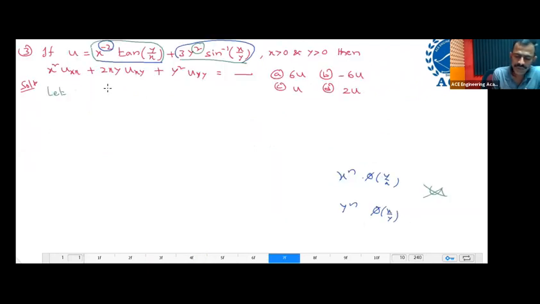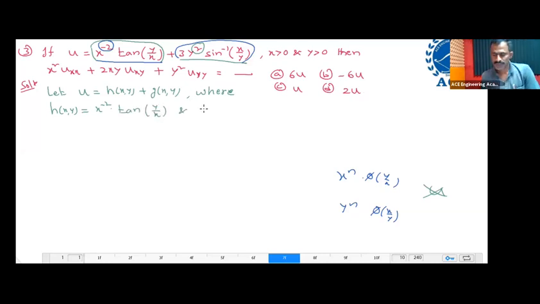Let u equal to h of x comma y plus g of x comma y, where h of x comma y equal to x power -2 into tan of y by x, and g of x comma y equal to 3y square sine inverse of x by y.